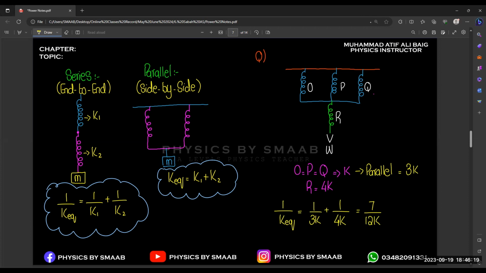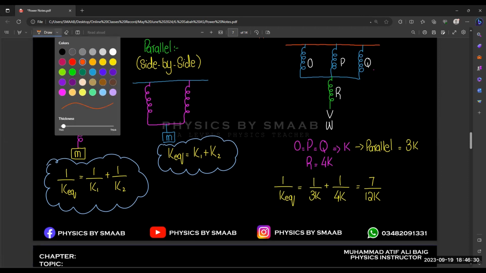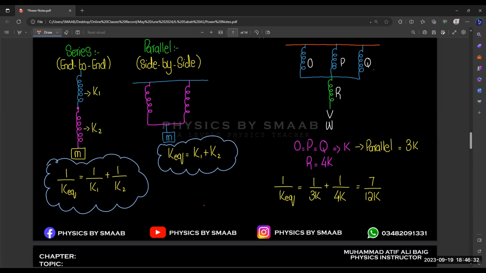And in this way, we are getting the value of 1 over k. If we just flip the values, you will get 12 divided by 7, so your answer will be equal to 12k divided by 7, so it's 1.7k, right?